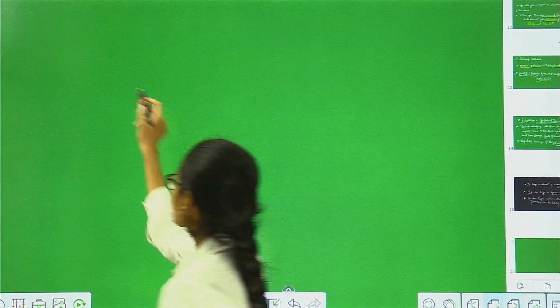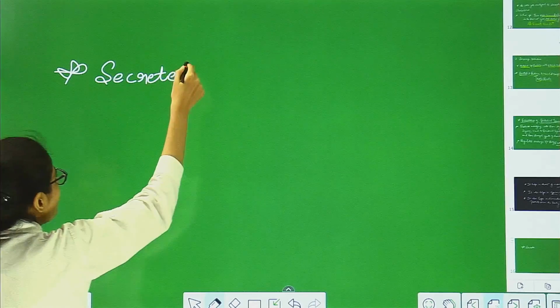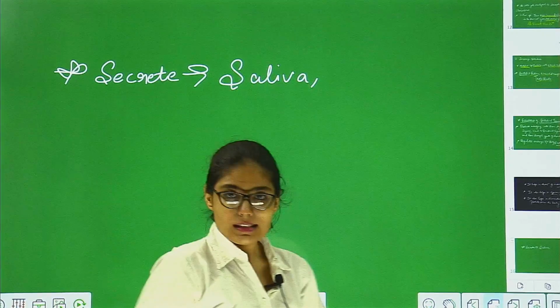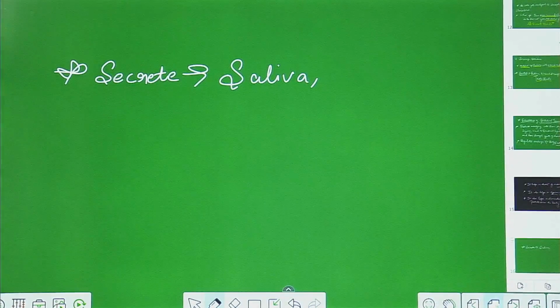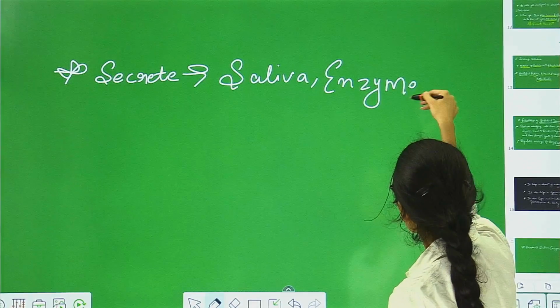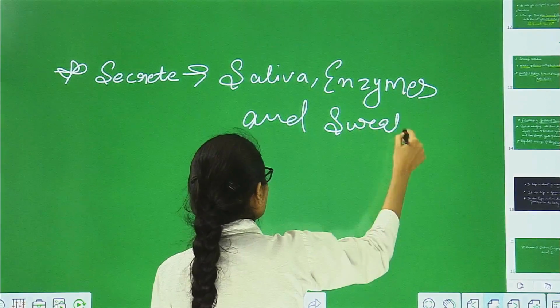Next, some epithelial tissue secretes a variety of substances such as sweat, saliva, enzymes. Not all, some secrete saliva, then enzymes and sweat.